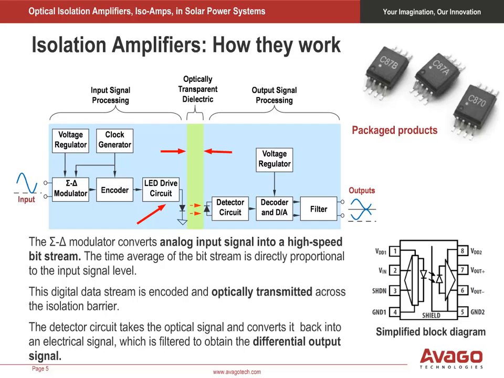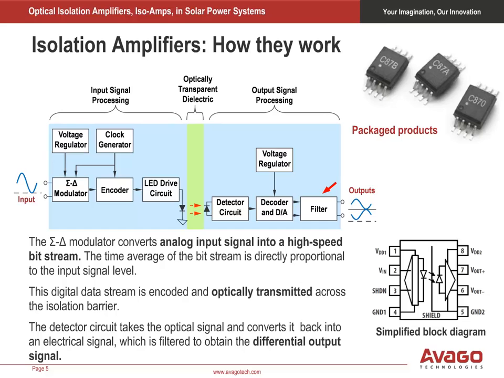The LED-based optical coupling pair establishes a signal path while maintaining the isolation barrier. Since the signal is now encoded as a light beam instead of electricity, it is immune to magnetic or other electrical noise. The detector recovers the signal and reconstructs the analog signal through a post filter.